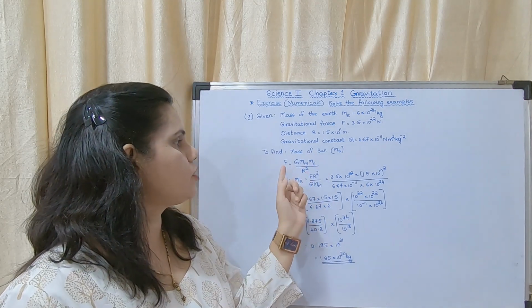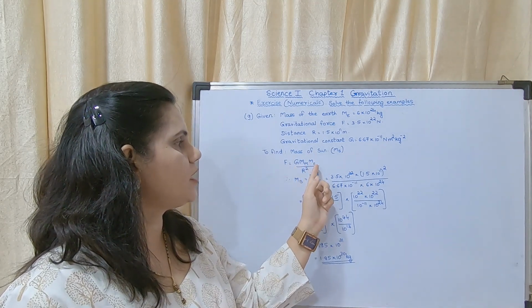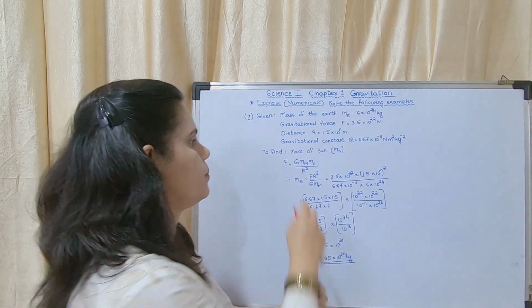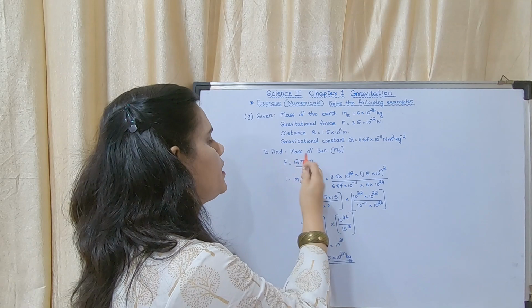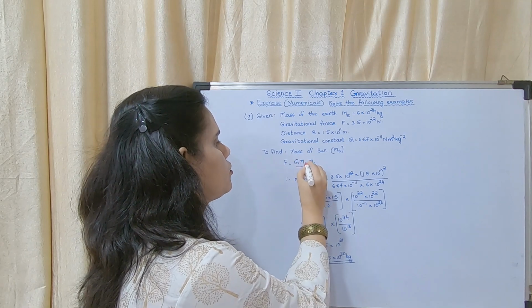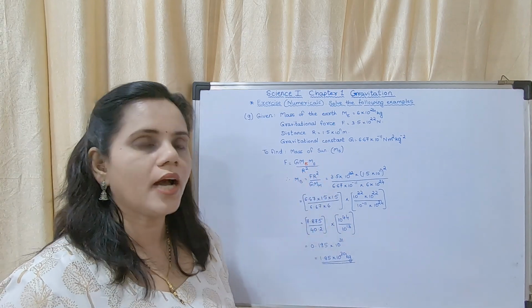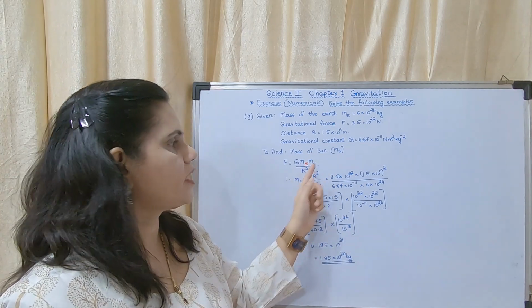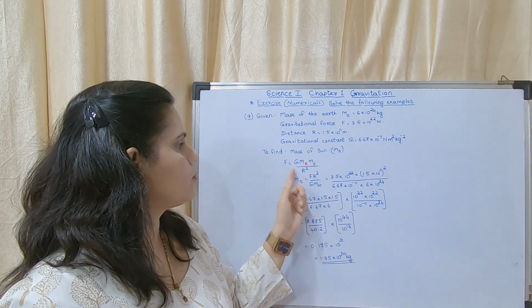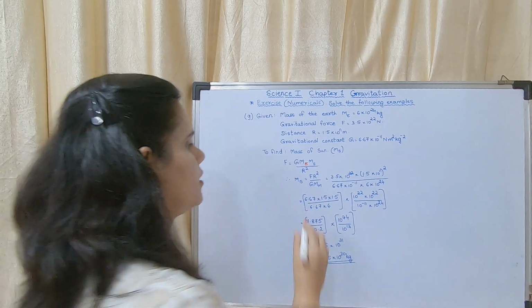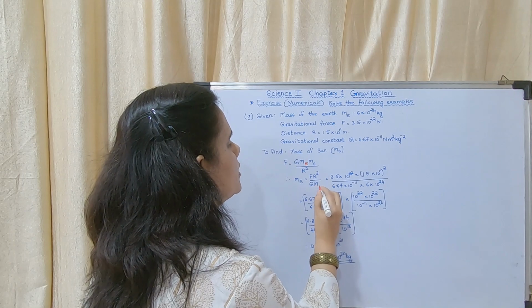Now what is the equation to find out? F is equal to G M m, that is mass of earth, upon R square. But you have to find out the mass of sun, so cross multiplying you will get it as F R square upon G and M of earth.